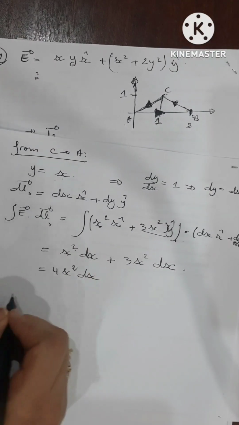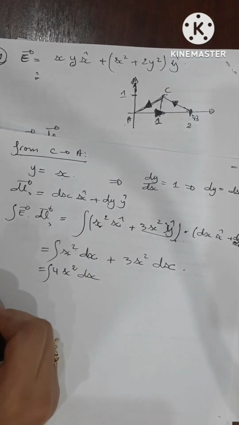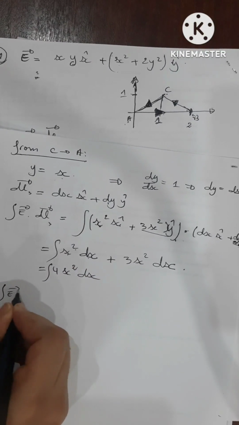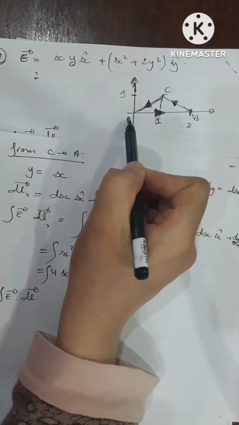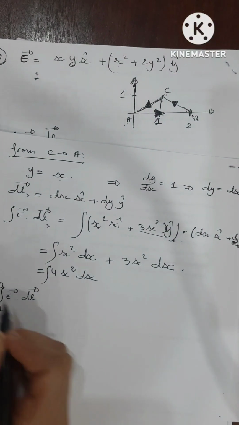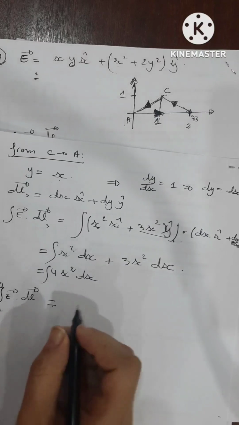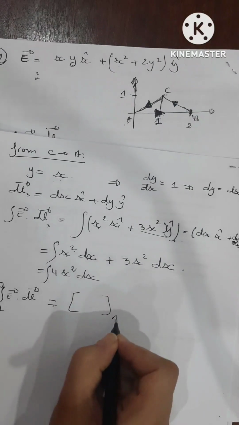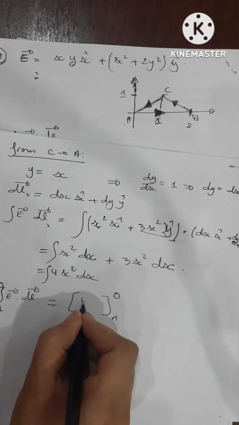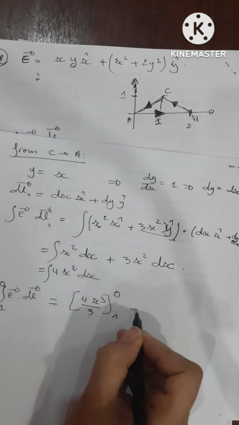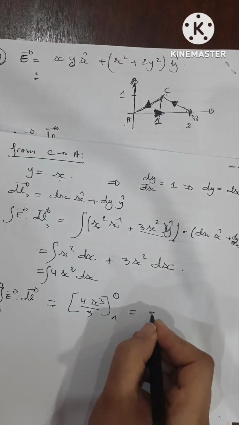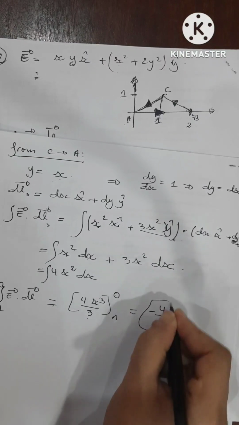The integral of dl3, x is from 1 to 0. It's 4x cubed over 3, so it is minus 4 over 3.